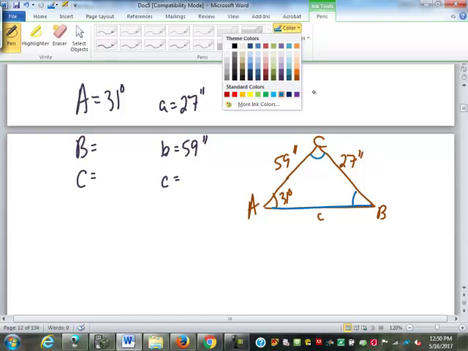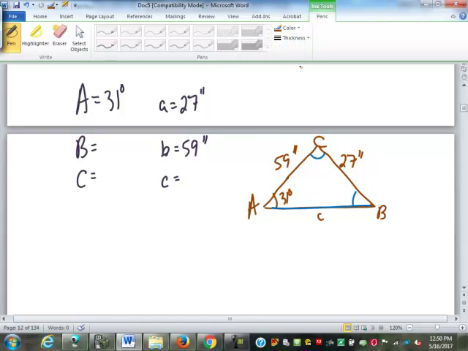The problem is, can I guarantee that that's the picture? No, because I don't know anything about the size of side C or angle C. There's a second possibility here. It could be tucked in like that, couldn't it?